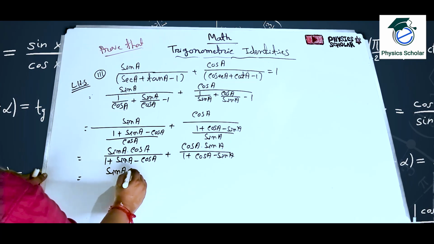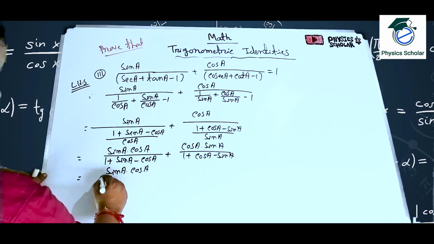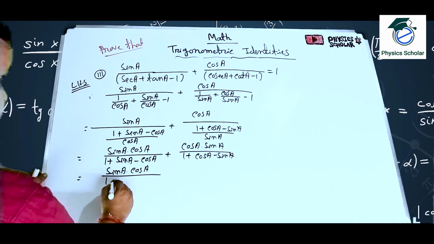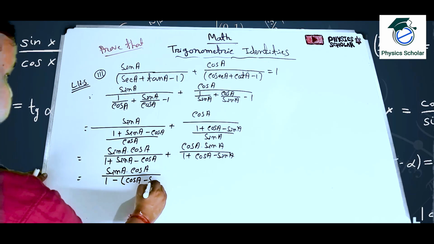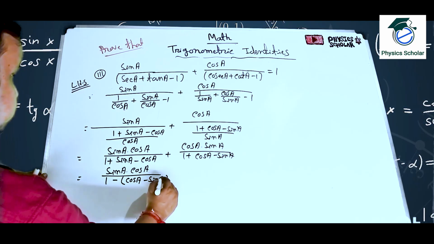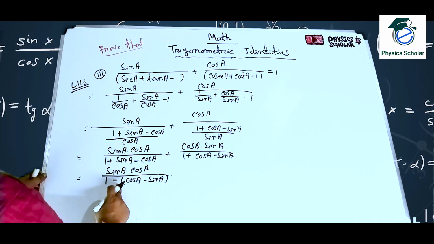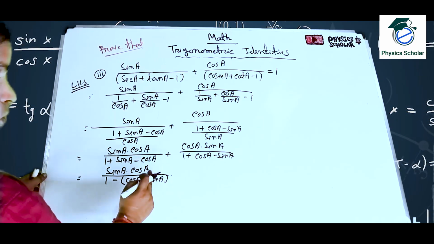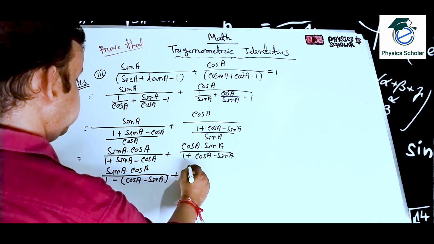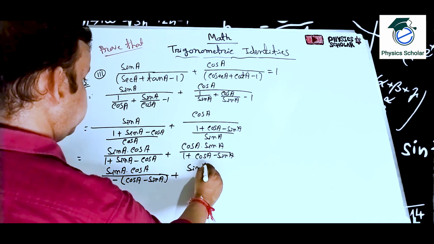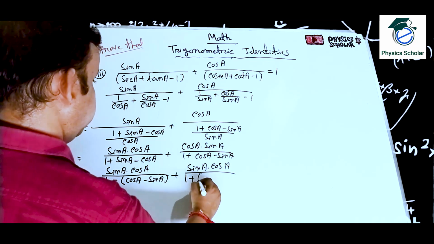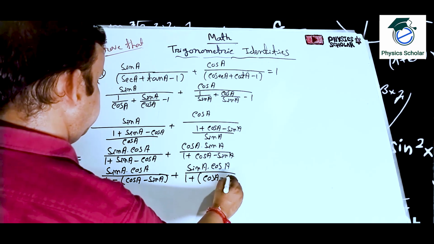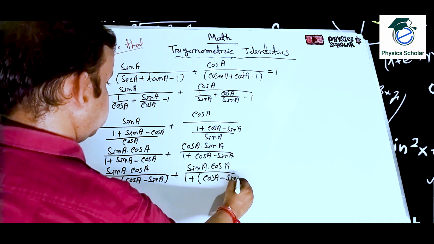Again sin A into cos A divided by 1 minus cos A minus sin A. Clear? We are taking minus common, so 1 minus cos A, here it is plus, that's why it will be minus, plus sin A into cos A divided by 1 plus cos A minus sin A.